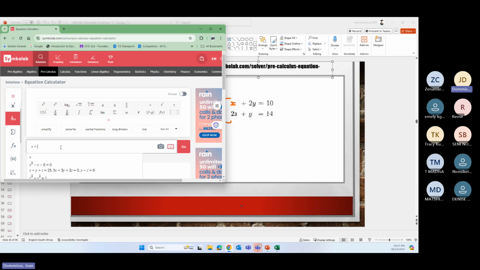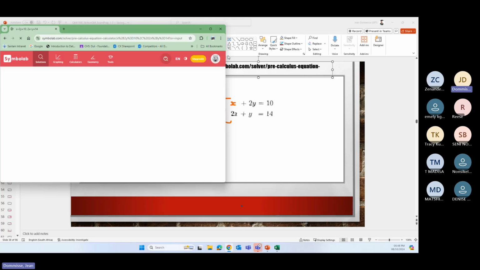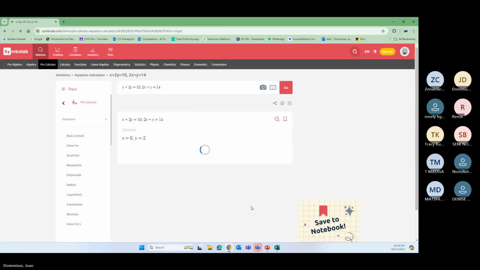So x plus 2y equal to 10 and 2x plus y is equal to 14. Okay, so let's check that.